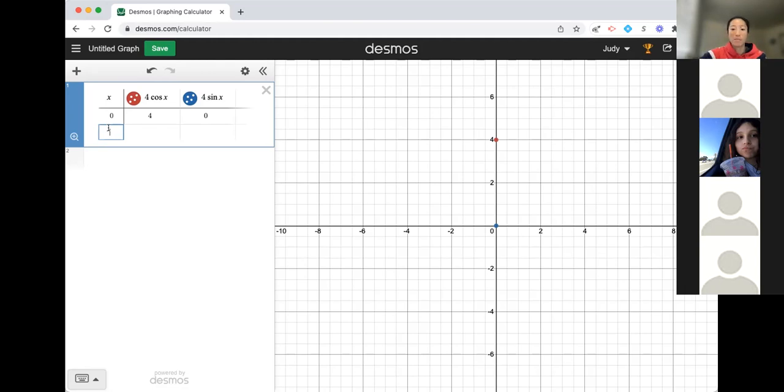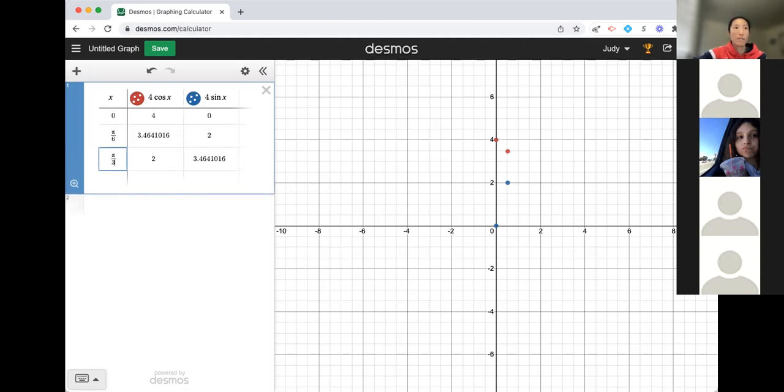Yeah, so let's type in pi over 6 and bam, it gives me the values that I want, okay? And so let me do a couple more, pi over 3, pi over 2, right? That should be the first 4 values in here.